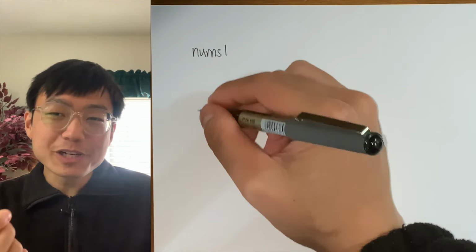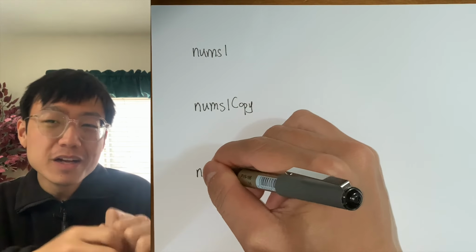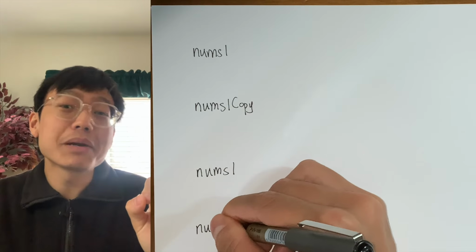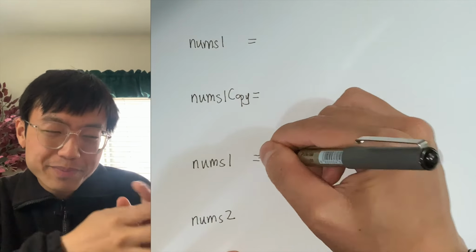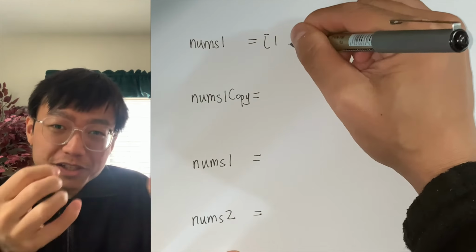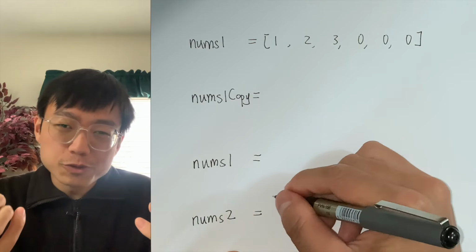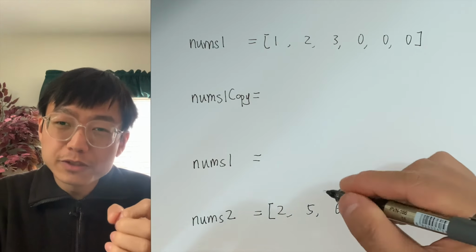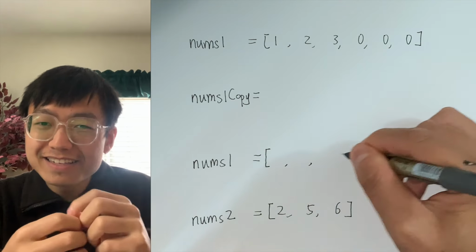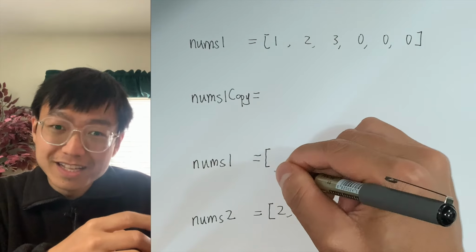Because each array is already sorted, we can achieve O of n plus m time complexity with the help of the pointer technique, by using 3 pointers that start from the beginning. The approach is to first initialize nums1 copy to be a new array containing the first m values of nums1.